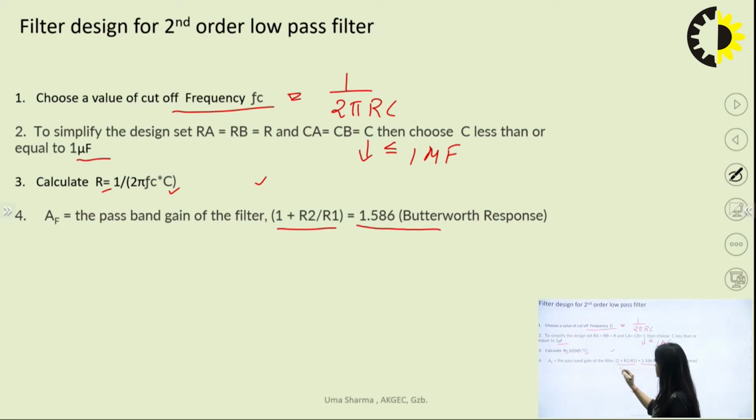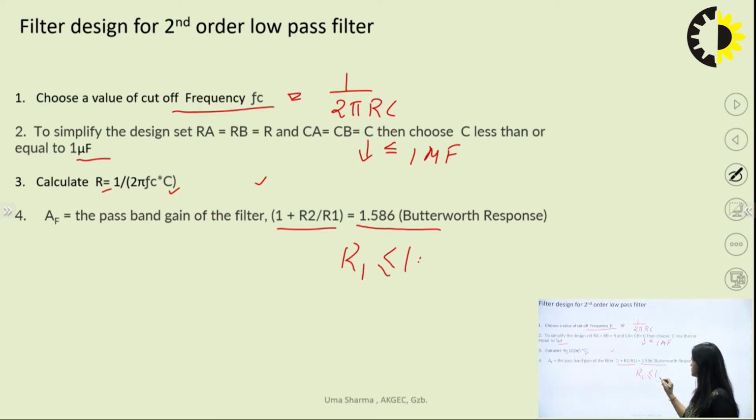R1. For this, definitely we have to assume the value of R2 or R1. So just by selecting the value of R1 less than or equal to 100 kilo ohms, you can choose any value which is less than 100 kilo ohms. You can calculate the value of R2 just by using the formula.